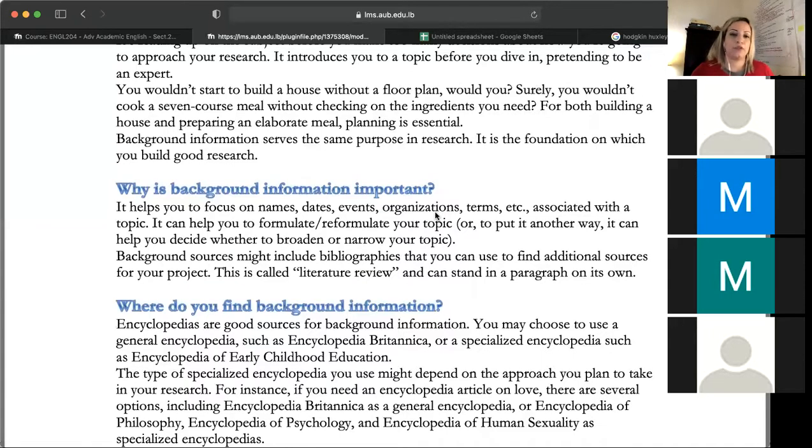Because it helps you focus on the important information that's related to the paper. It also helps you narrow down your topic, and it helps me understand how you reached your topic in a sense.